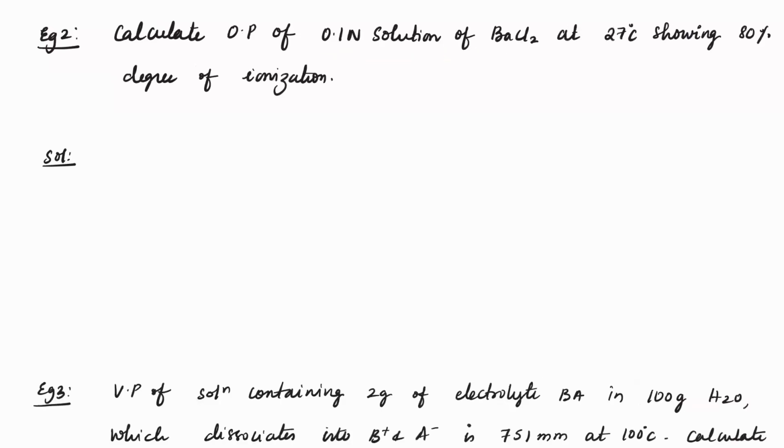You know that the valency factor for BaCl2 is 2. Okay. Valency factor for that is 2. Clear? Right. So if that is 2 here, we can say that molarity is equal to normality by valency factor, which is equal to 0.1 by 2.